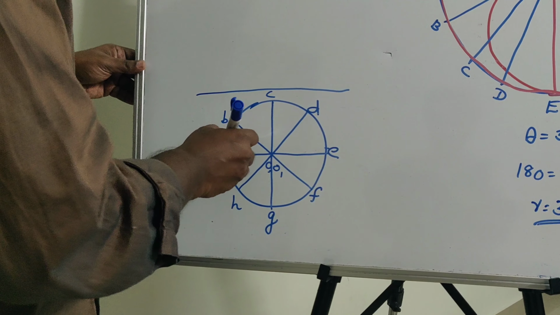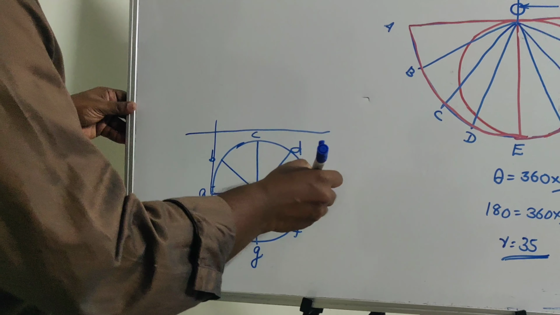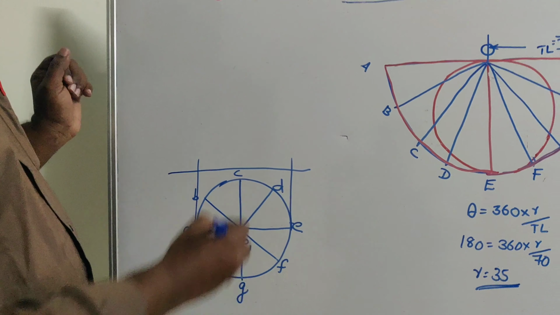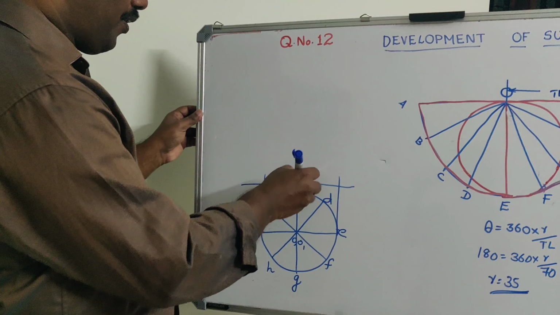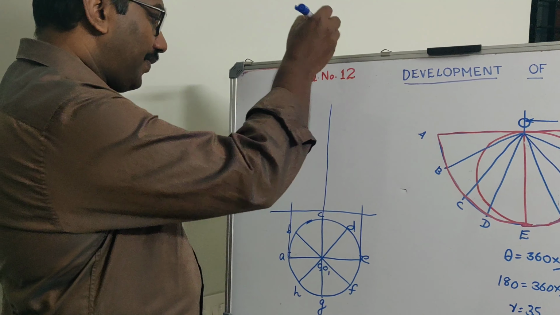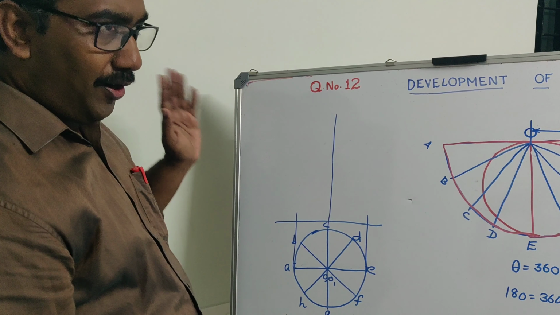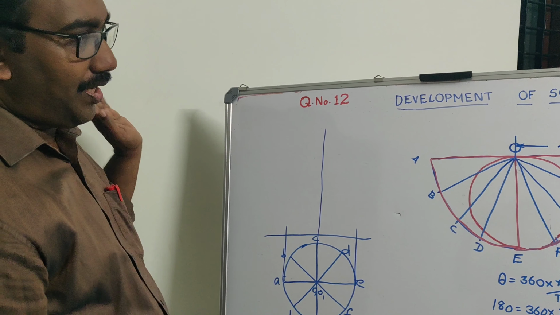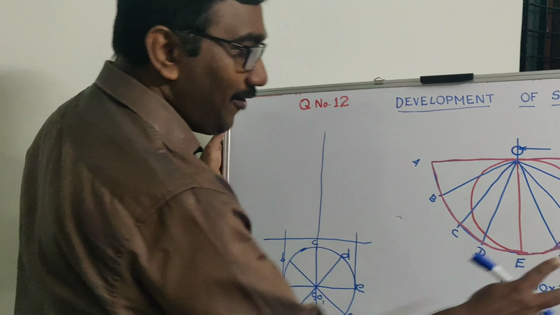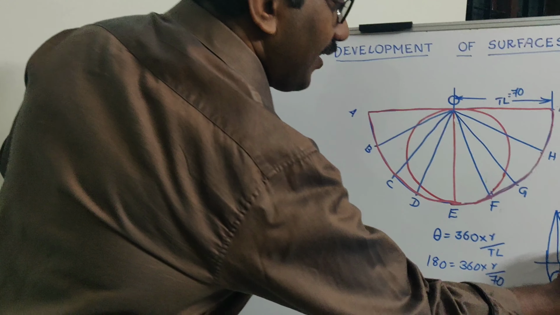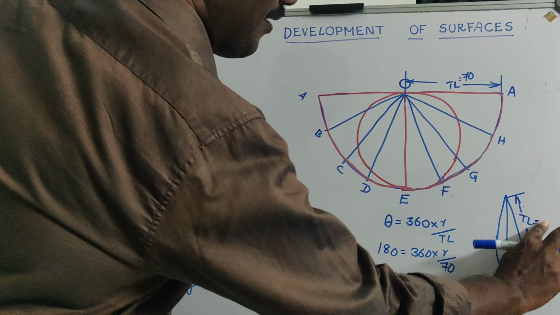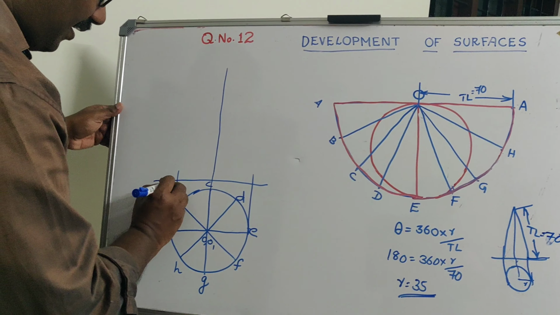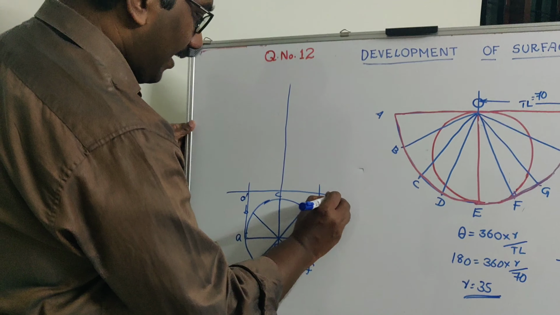You can project it. From A you project, from E also you project. We don't know the height of the cone, so I am simply drawing an axis. But I am aware of the length TL. TL is equal to 70. So I can take this as A dash and this as E dash.